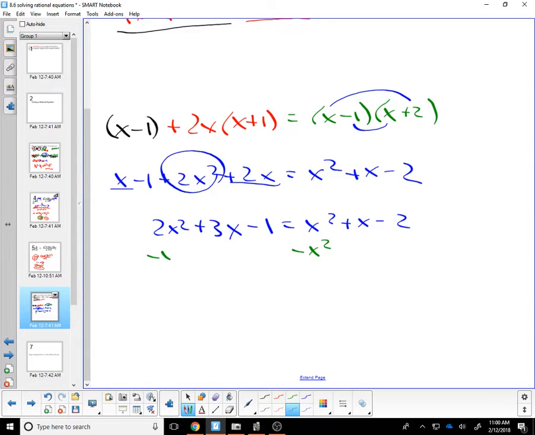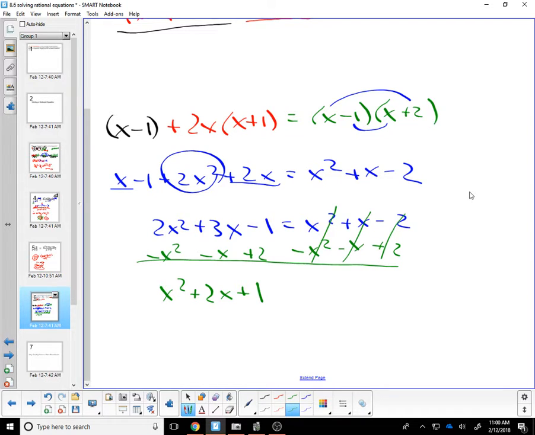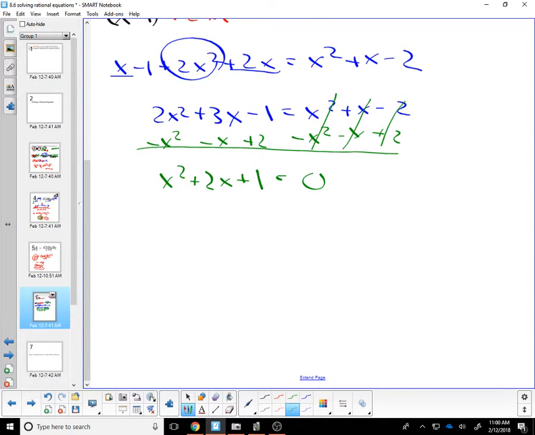So minus x squared minus x plus 2. All of these will cancel out, and I'll end up with 1x squared plus 2x plus 1 is equal to 0. So I've got my quadratic that I need to factor, and, oh, that's an easy one. That's going to factor to x plus 1 squared, which means that x is equal to negative 1.